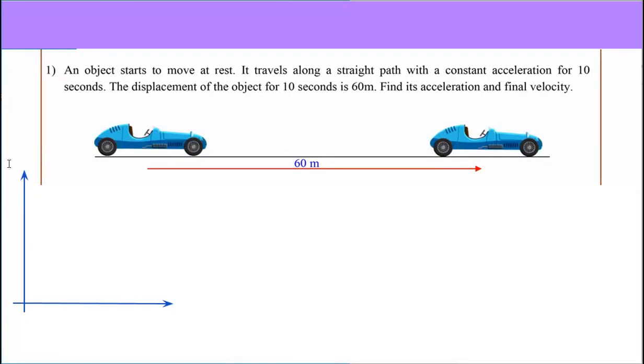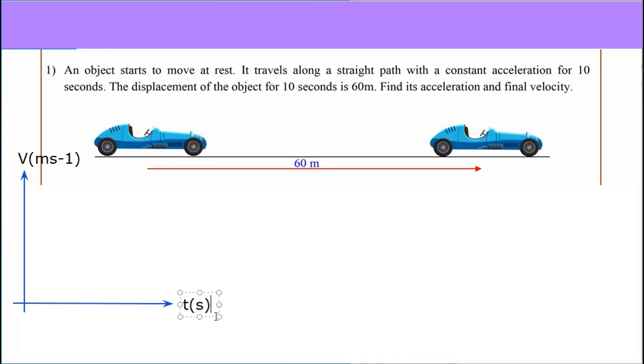This is velocity, let me use letter V for it. And this is time, T for time, measured in seconds.